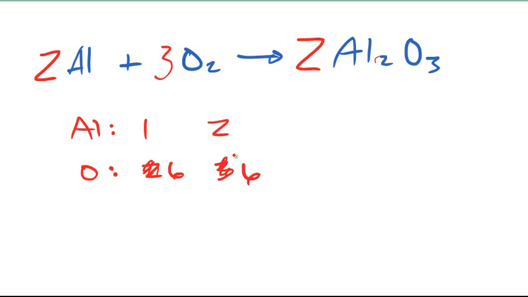So the oxygens are looking great, but now we've doubled the aluminum, so that's 2 times 2, that's 4 on the right. So we're going to need to change this, and let me use my eraser, and that becomes 4. So there's your balanced chemical equation for aluminum and oxygen. Okay, thank you.